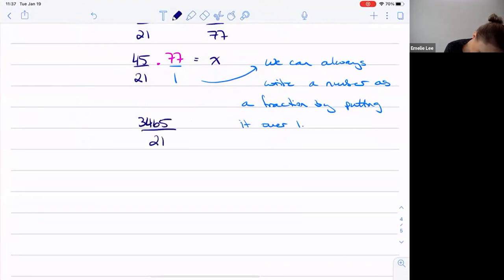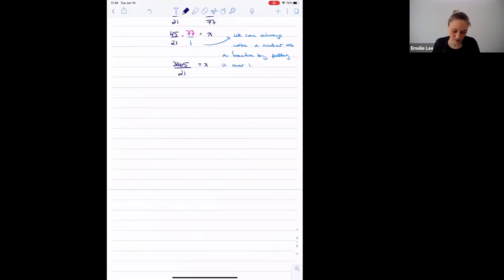divided by 21 is equal to x. I'm not going to try to simplify this. I'm just going to leave it as 3,465 over 21, and that is our x. Well, now that I glance at my notes, maybe I should try it. 3,465 over 21.